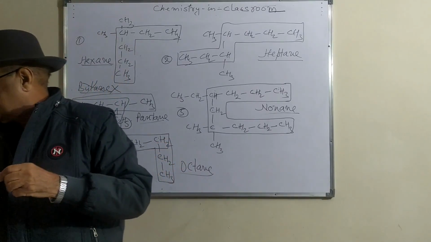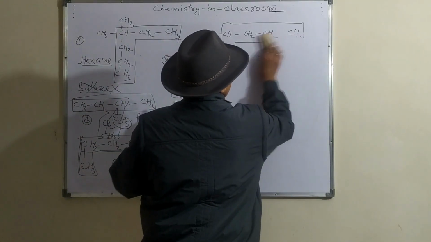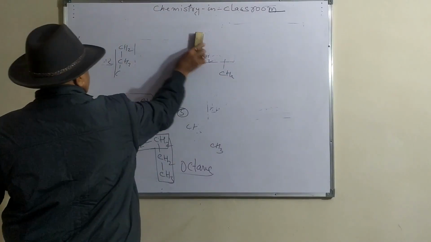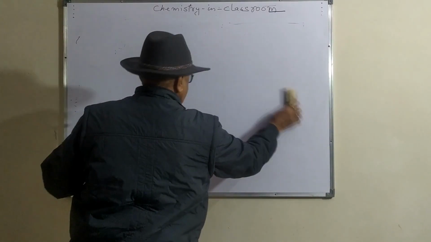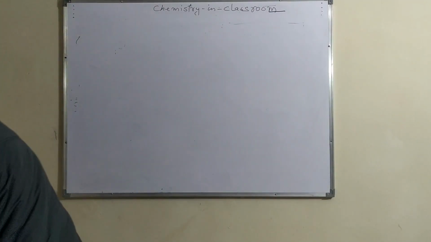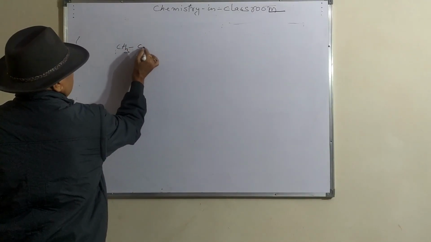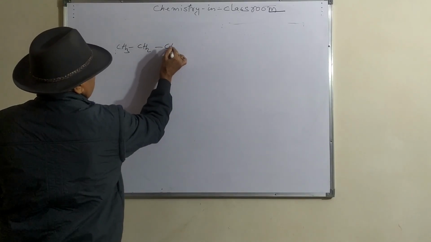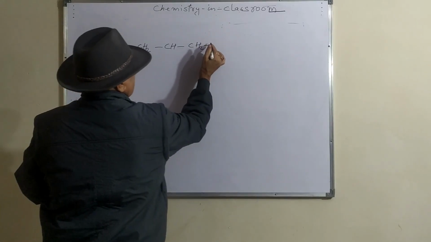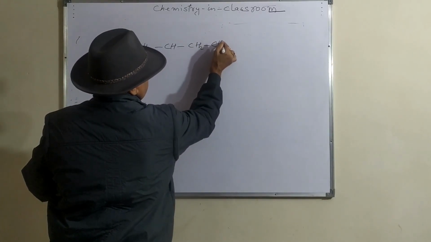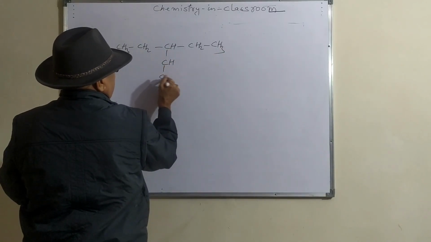So again I am telling you this, taking the structure. One thing more you should keep in mind. If you have such structures, I am writing a second structure here. Suppose this is the structure: CH3, CH2, CH, CH2, CH3, and here CH and CH3.